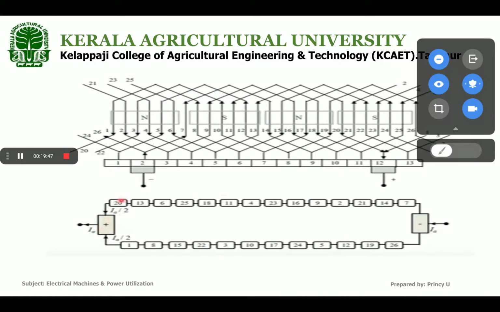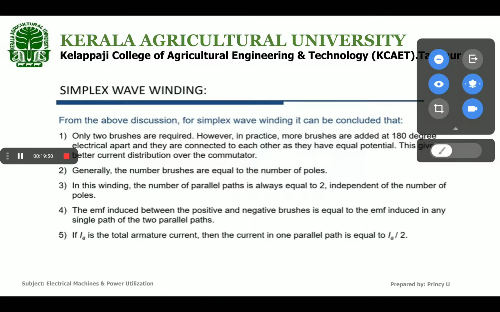Now there will be some conclusions in simplex wave winding. Here only 2 brushes are required. However, in practice, more brushes are added, but at 180 degrees electrical apart, and they are connected to each other as they have equal potential.